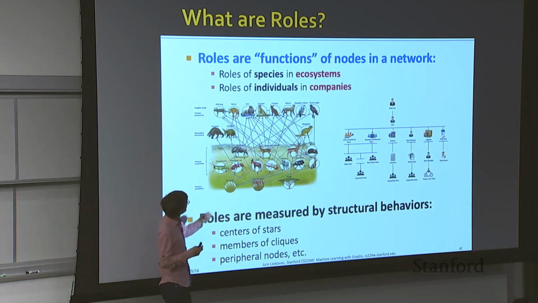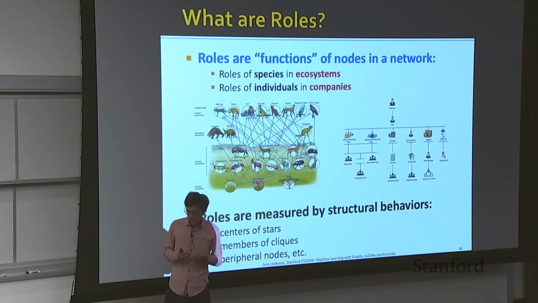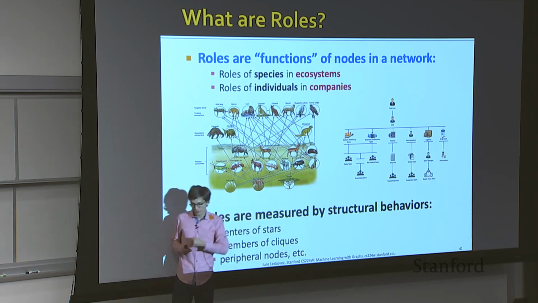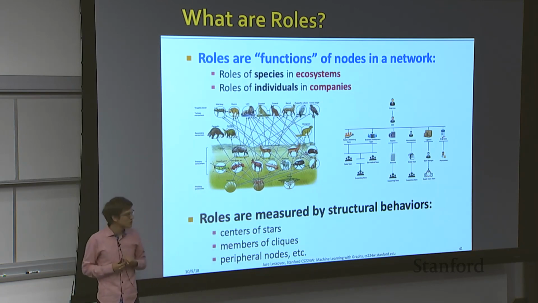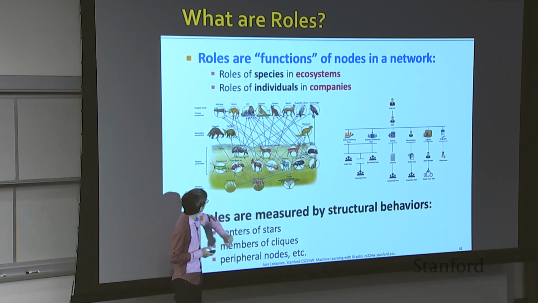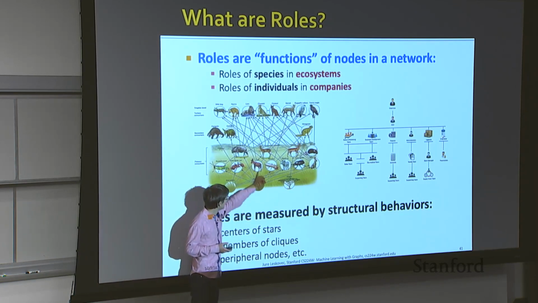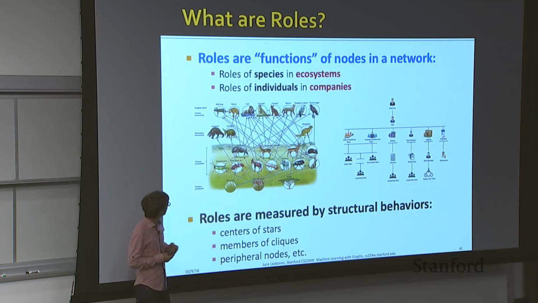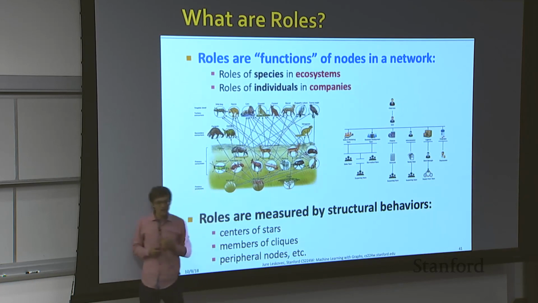So you could think, what are different roles of species in the ecosystem? Or what are different roles of individuals in organizations or companies? If you have these types of food webs, where there is an edge from the food source to the animal that is consuming that food source, that creates a directed graph.